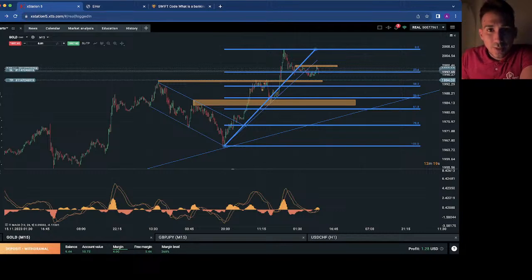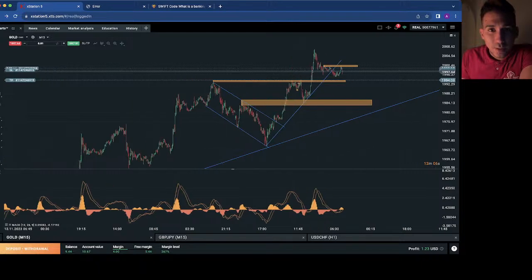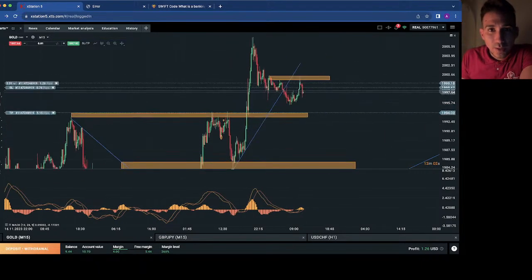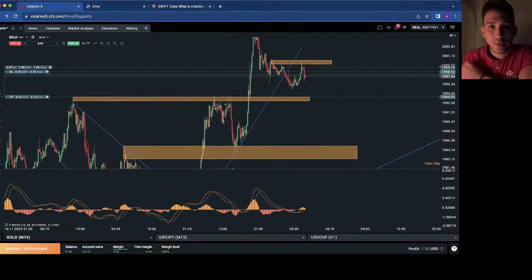So despite this bullish momentum, it had to make a pullback in some area. So what I did is I marked this area where the price hasn't been able to go up.